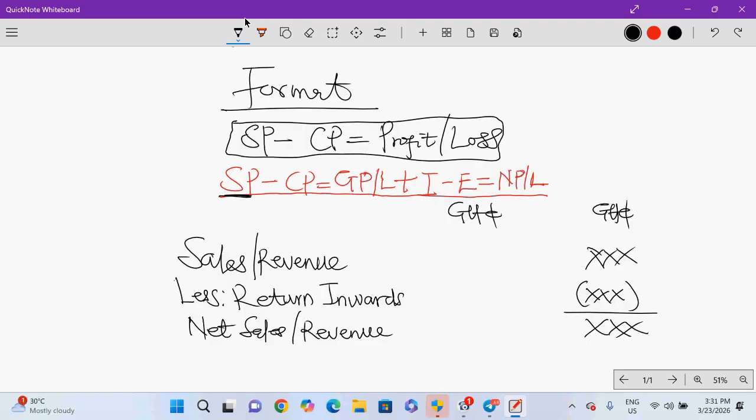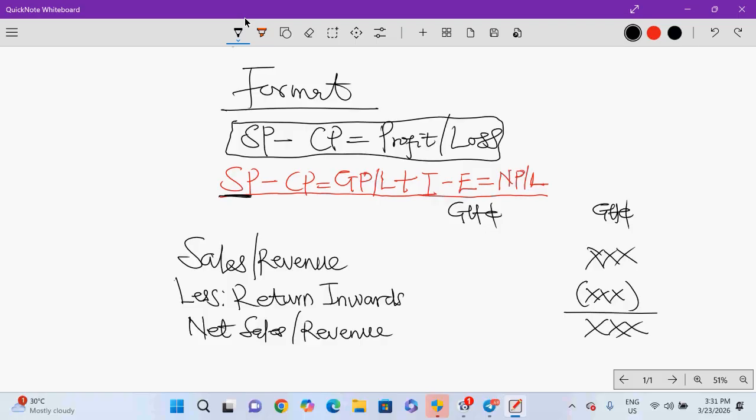Because that is after we have deducted anything that we are supposed to deduct, we are getting the actual. This is the final actual figure. So you can see in some questions, there are no returning words in those questions. Why? Because it means that in that question, customers did not return some of their goods, right?